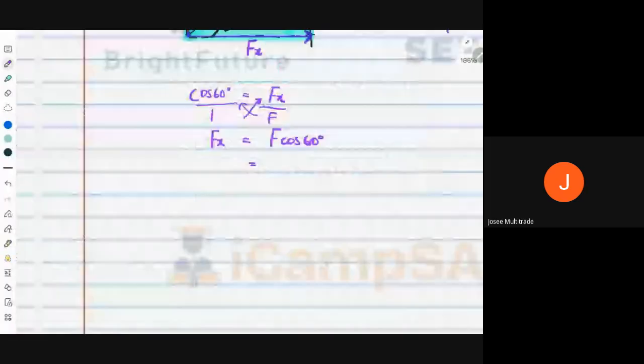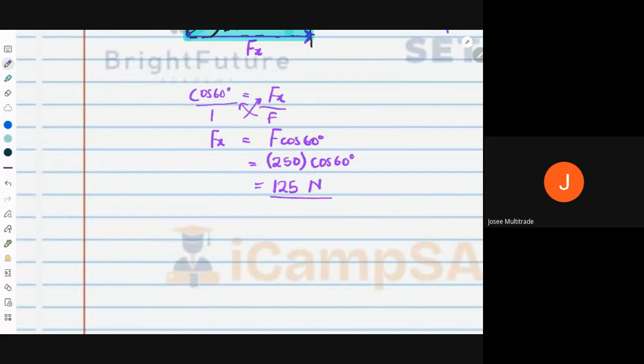So 250, I usually like using brackets because they group everything nicely and neat. Cos 60, right? And then, where's my calculator? 250 cos 60 should be 125, I think. 250 cos 60 is 125 newtons, or newtons, you know, if you want to be that guy.